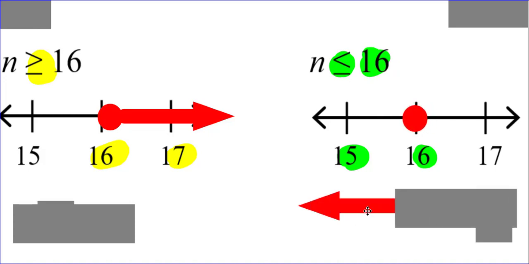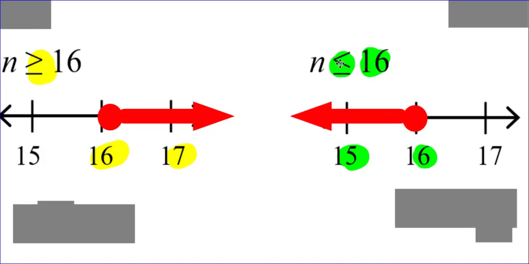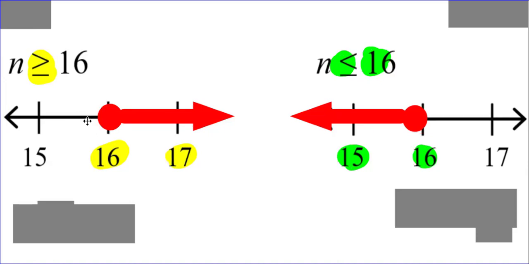And then we are going to shade to the left because this did say n was less than or equal to the 16. That's going to be numbers like 15, 14, and they happen to be to the left. So you're probably noticing that if the inequality symbol is greater than, you're shading to the right. If it's less than, then you're shading to the left.